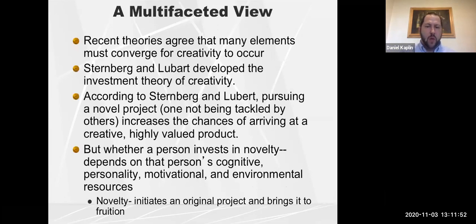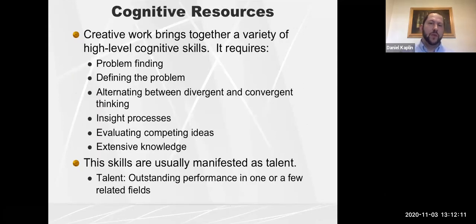So we emphasize novelty and we build creativity using novelty. So you want to have children pursue some new project that allows them to come up with a final solution or a unique solution. But in order to be creative, in order to have that novelty, you have to have certain cognitive abilities.